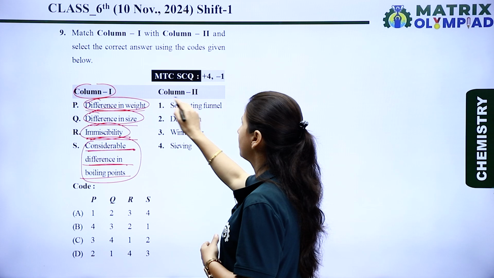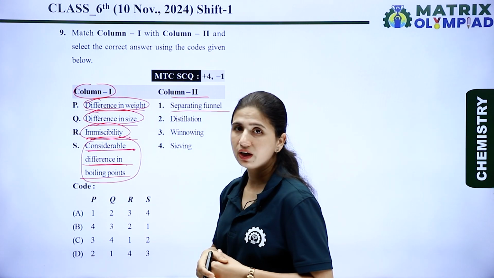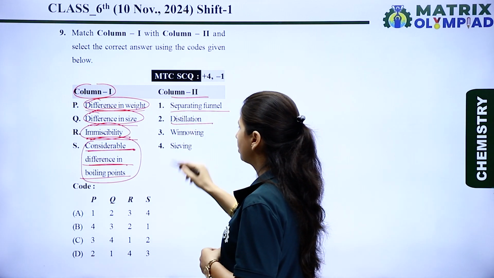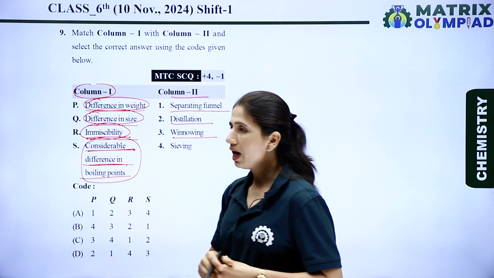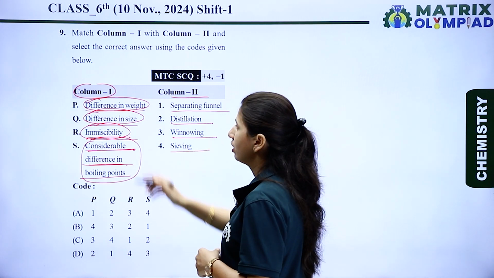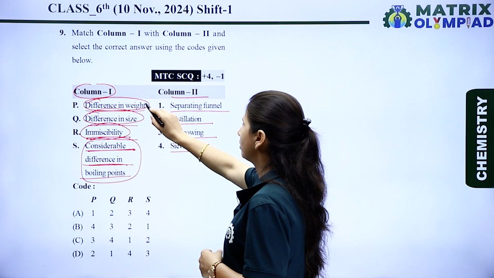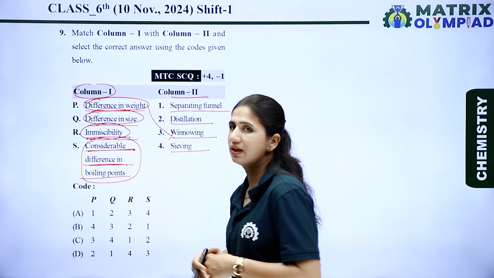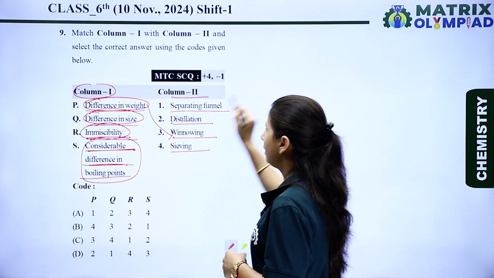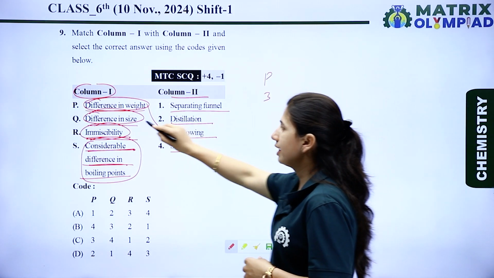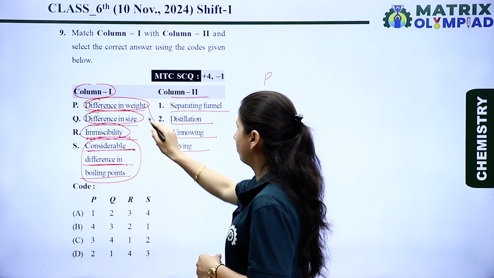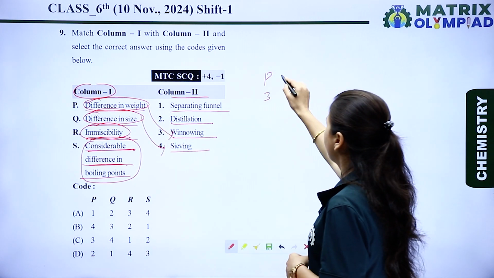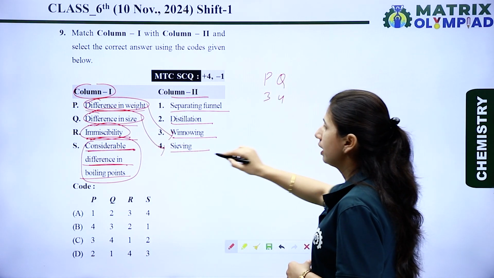Now let's see column second. First is separating funnel, second is distillation, third is winnowing, and the fourth one is sieving. So the first, difference in weight. By the winnowing process, we can separate this substance. So P matches with third. Next is difference in size. By sieving, we can separate it. So Q matches with fourth.